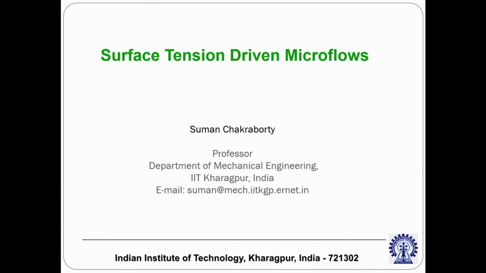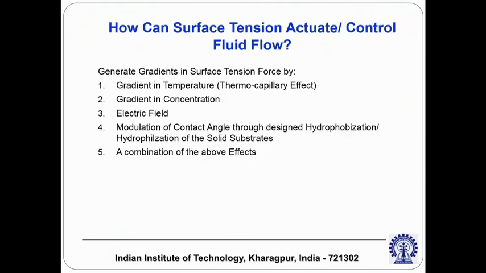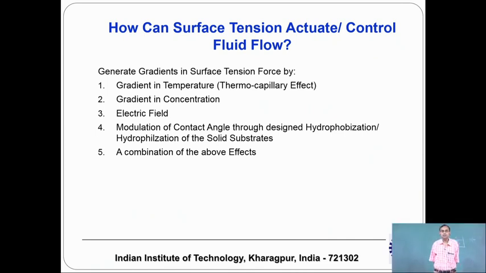but given the significant volume of contents, I will try to go through this using the slides. So, the first point is, how can surface tension actuate and control fluid flow? One is you can use surface tension as it is, the other is you can generate gradients in surface tension by using gradients in temperature, gradients in concentration, electric field, or playing with the wettability of the surface, making a hydrophobic hydrophilic patch, and a combination of all these effects.